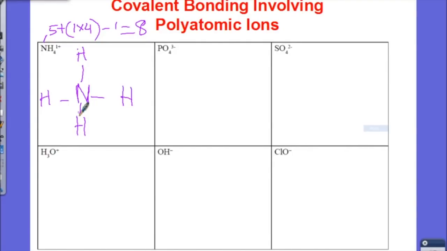When it has a charge, after you draw the Lewis structure, I need for you to put the whole polyatomic ion inside a square bracket and put the charge outside the bracket. Whenever you have a charge, after you draw the Lewis structure, put it in a square bracket and put the charge outside the bracket. Alright?